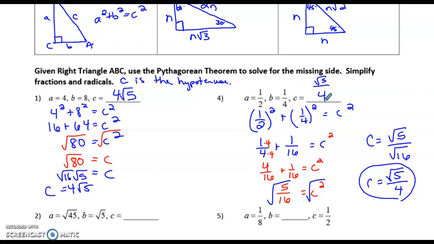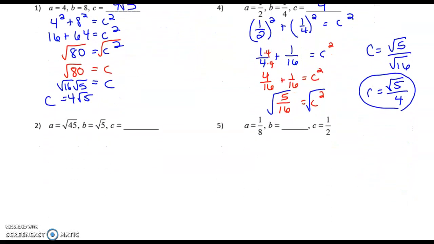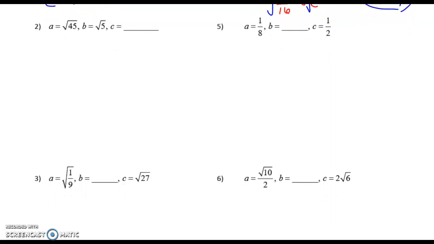All right, let's jump down and look at number 5 here, another fraction one. So I've got A squared plus B squared equals C squared. This time I'm missing my B. So if I square the top, 1 over square the bottom, 64.